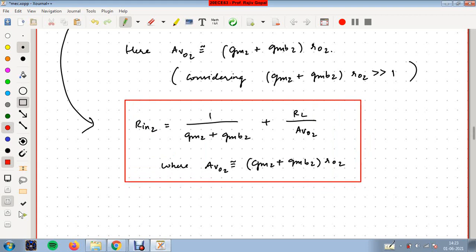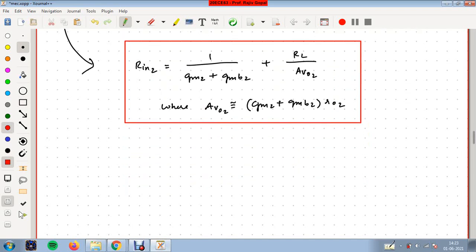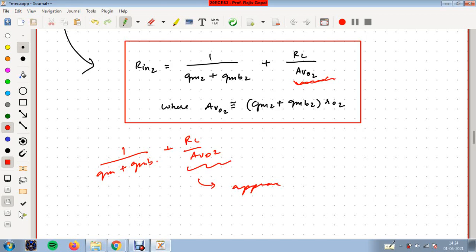What this equation tells you is that if you consider body effect, and if you consider R0 for your common gate transistor, you get this extra term. If you don't consider RL effects in your Rin2, you simply get 1 by Gm plus Gmb, correct? But the second term, plus RL divided by AV02, will appear when you consider RL and R0.